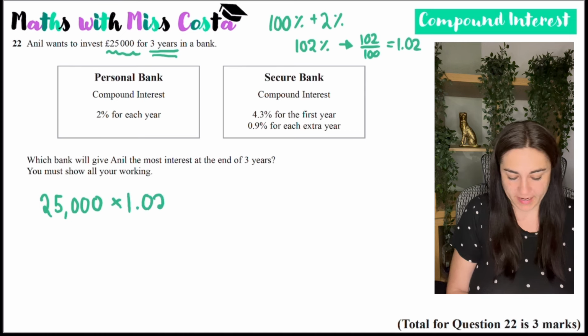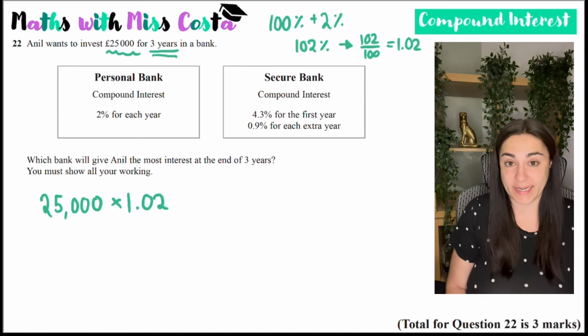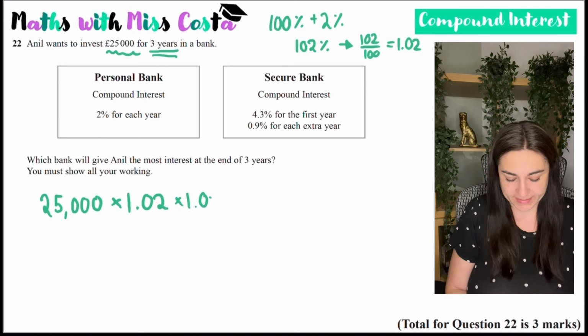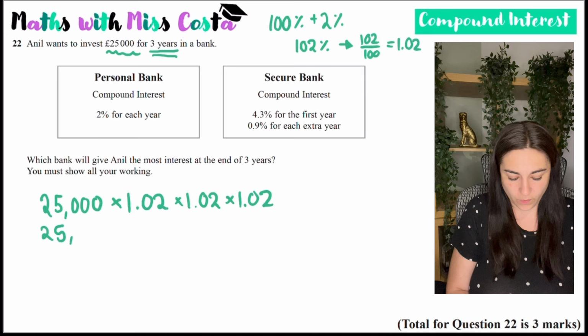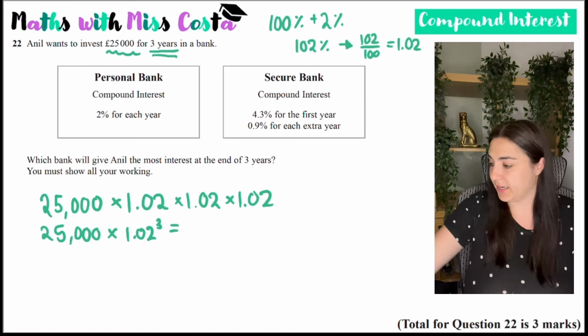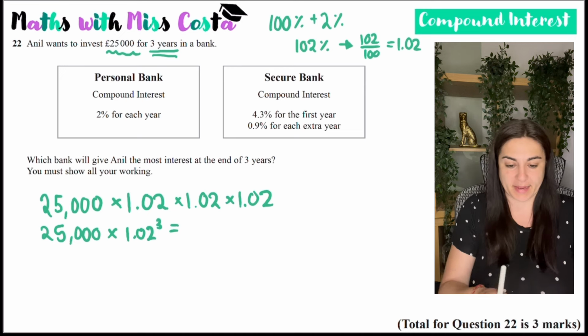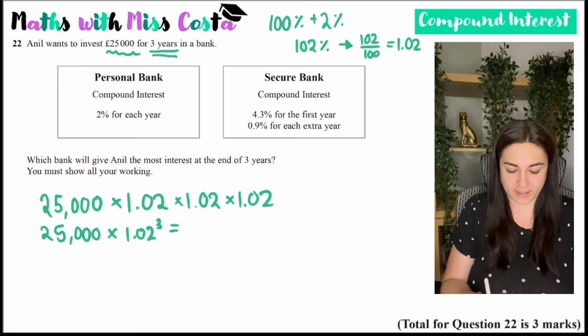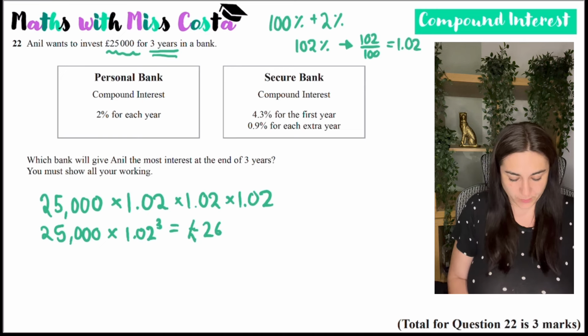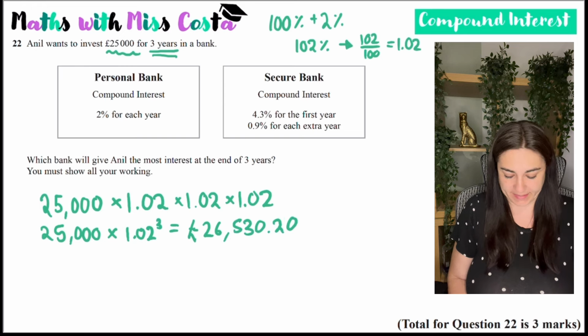So that's my multiplier, and it's for 3 years. So either I can do 1.02 times 1.02 times 1.02, or I could just shorten that and do it 1.02 to the power of 3. So if I type that into my calculator, 25,000 times 1.02 to the power of 3, that gives me £26,530 and 20 pence.